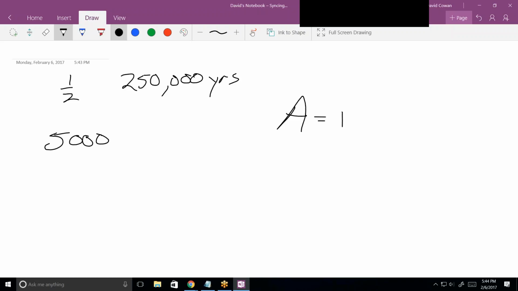Now, when you have decay, they use a negative sign. We don't know what K is, or I don't know, what does your school do? Does it still use R?